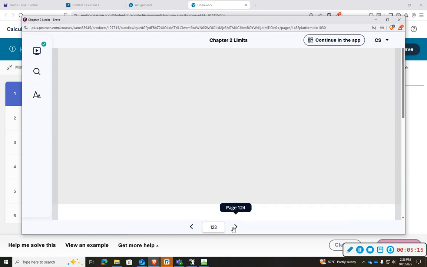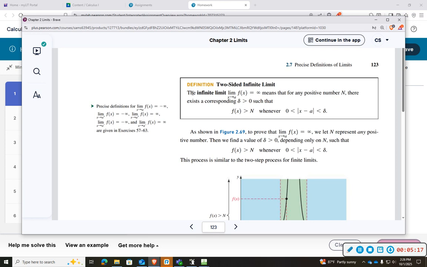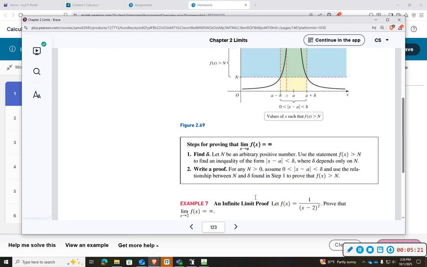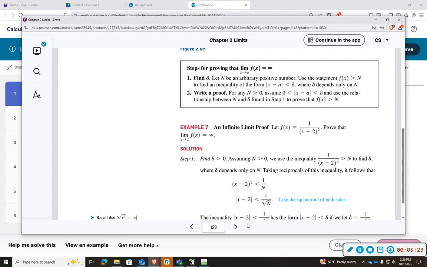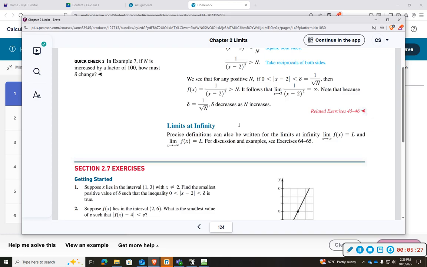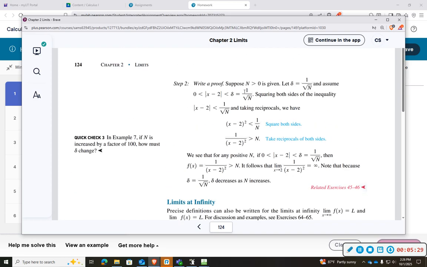Also, it goes over infinite limits. So you've got two-sided, and I think it also talks about one-sided infinite limits and limits at infinity. Overall, we're going to be using the precise definition. And with that, we're going to jump into MyMathLab and do a few examples.